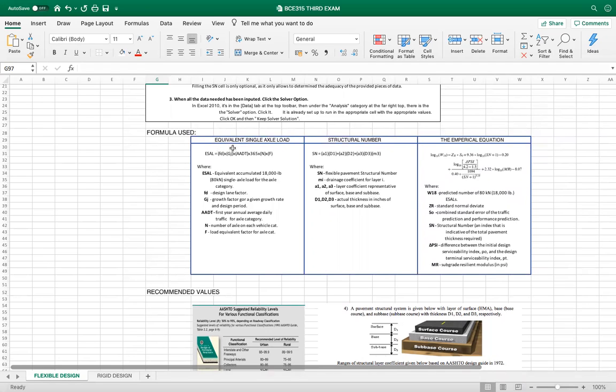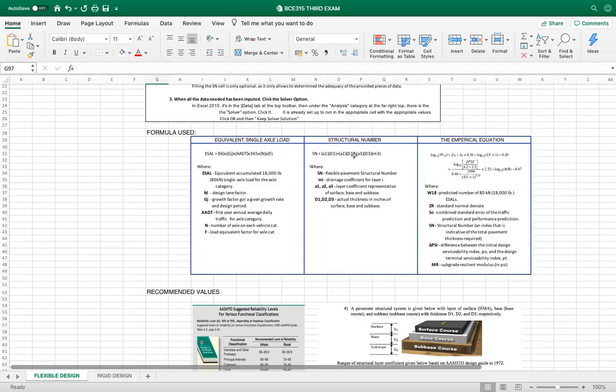For the equivalent single axle load, ESAL, it is the design lane factor FD times the growth factor for a given growth rate and design period, or GY, times the annual average daily traffic, or AADT, times 365 times the number of axles in each vehicle times F, or the load equivalent factor of the axle.